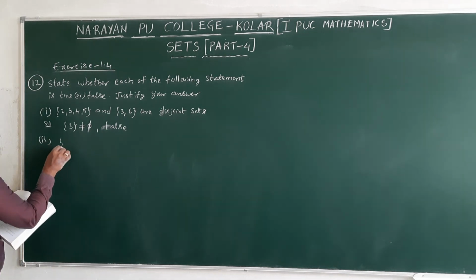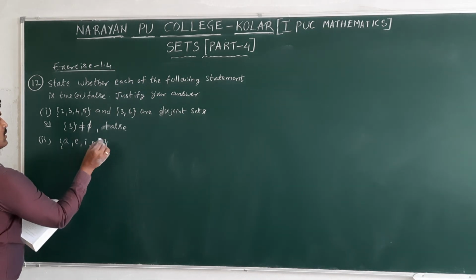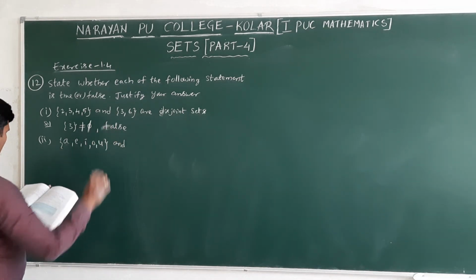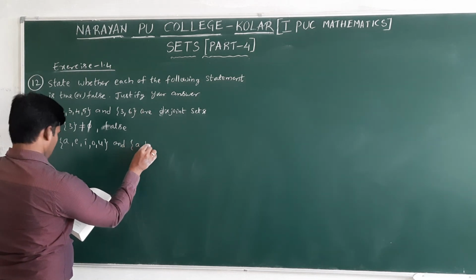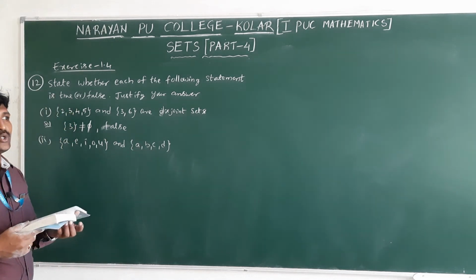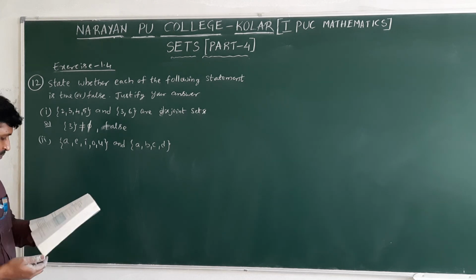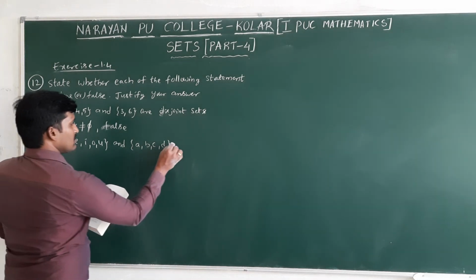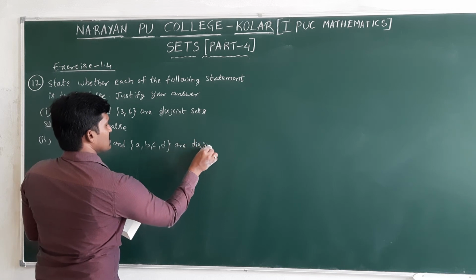Second, the sets {A, E, I, O, U} and {A, B, C, D} are disjoint sets.